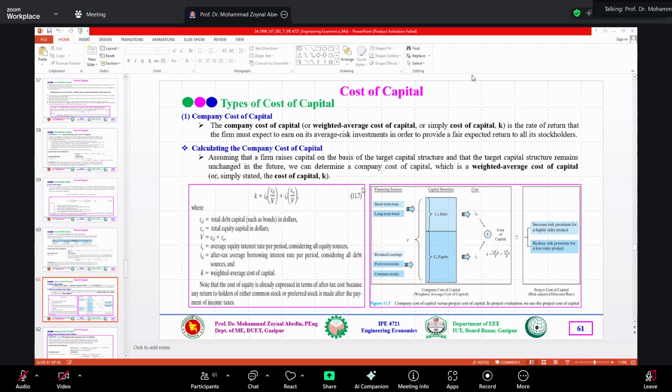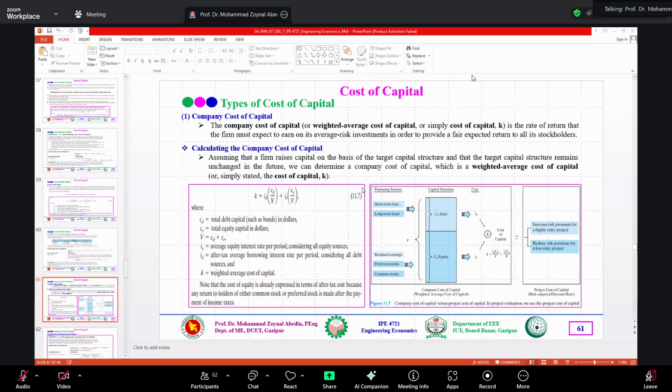The company cost of capital is the weighted average cost of capital, or simply cost of capital. It is the rate of return that the firm must expect to earn on its average risk investments in order to provide a fair expected return to all its stakeholders.